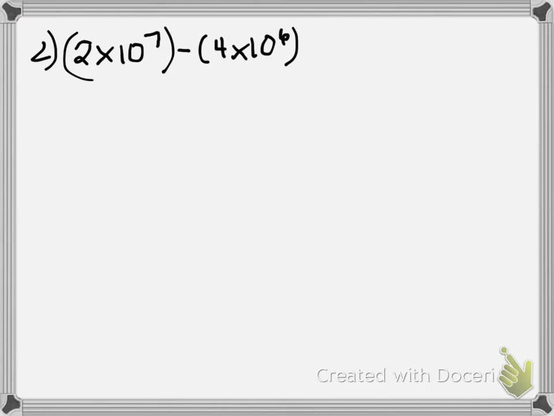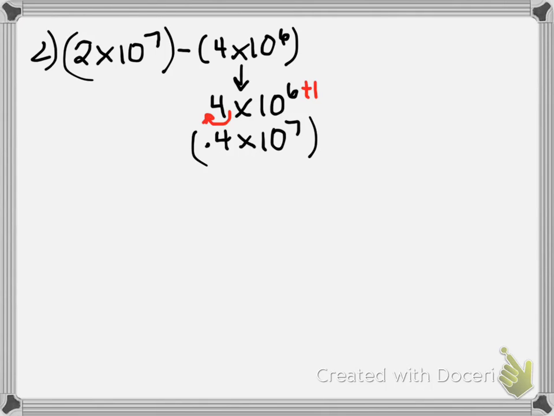No. Which one has the smaller exponent? To get the exponents to match, we're going to add 1 to 6 to get to 7, and we're going to move the decimal point left once. That's going to give me 0.4 times 10 to the 7th power.